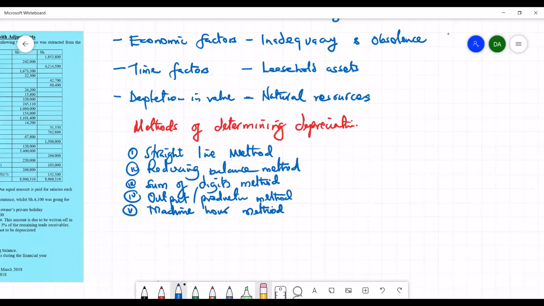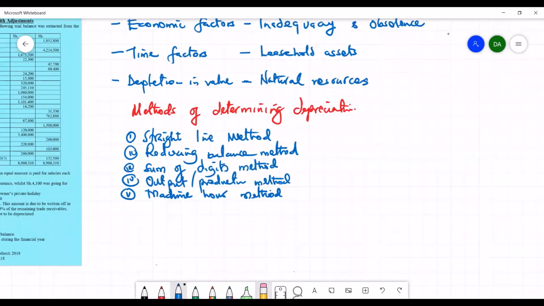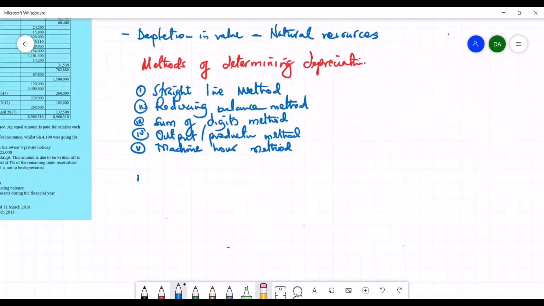The most common methods used in accounting especially are straight line method and reducing balance method. So let us look at these methods one by one, beginning with the straight line method.